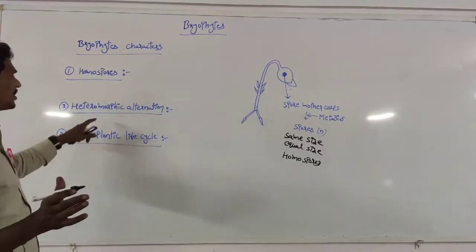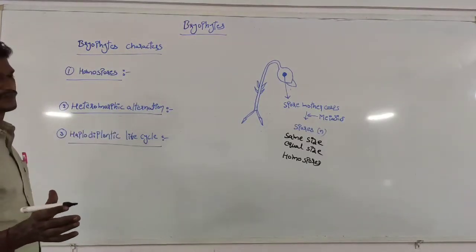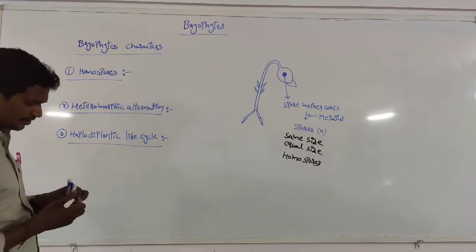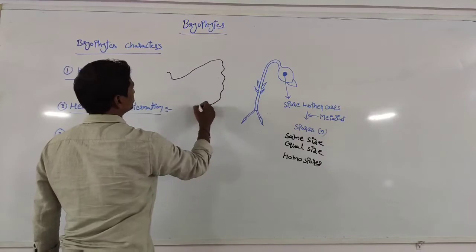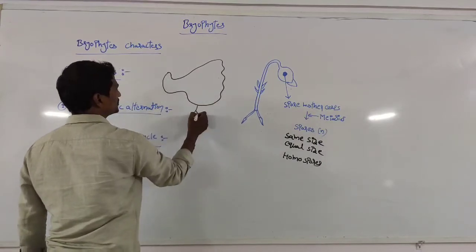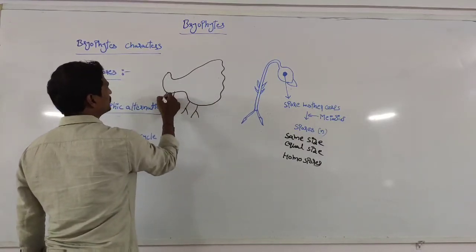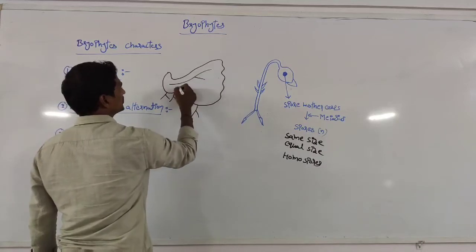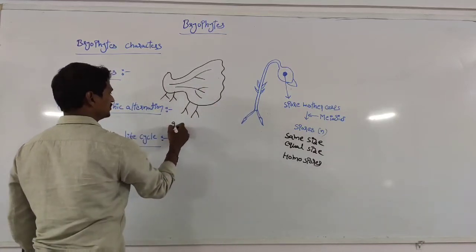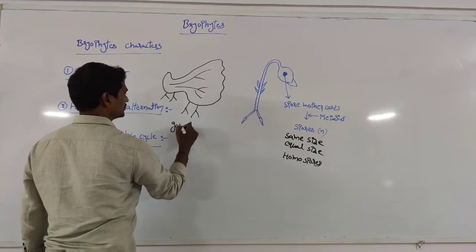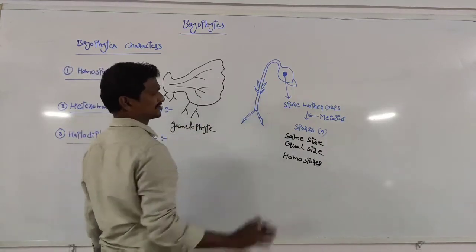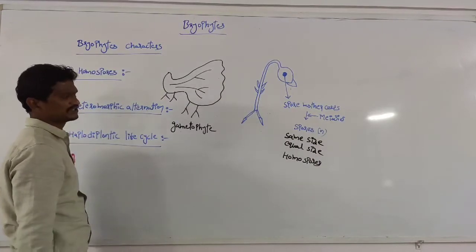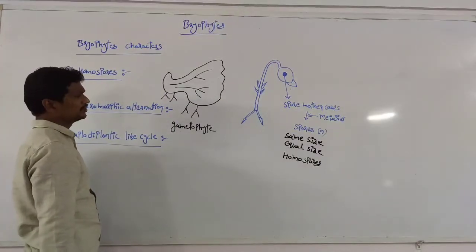And heteromorphic alternation. Within these plants there is a gametophyte stage. This is one of the gametophyte stages, and this is one of the sporophyte stages.